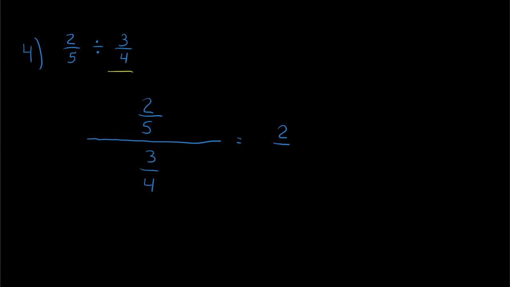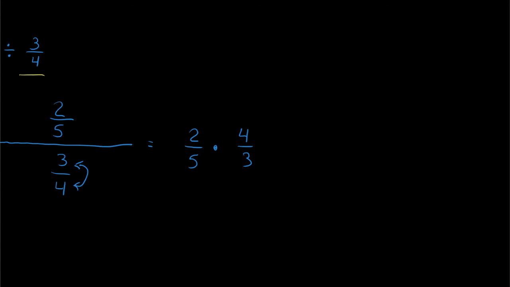So let's rewrite our top, multiply by 4/3. Again, all we did, take the 3 and put it on the bottom, and the 4 and put it on the top. Our new problem is 2 times 4 on the top gives us 8, and 5 times 3 on the bottom is 15. And we're done.